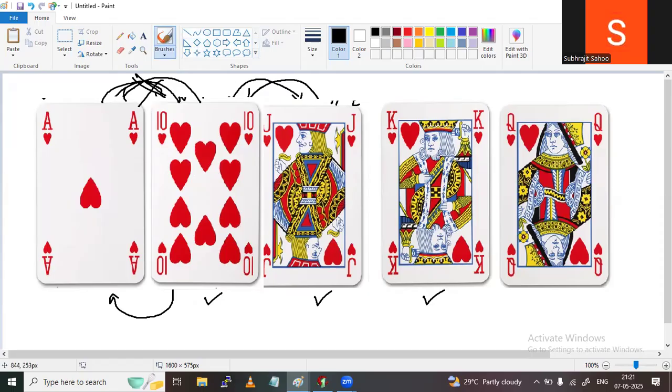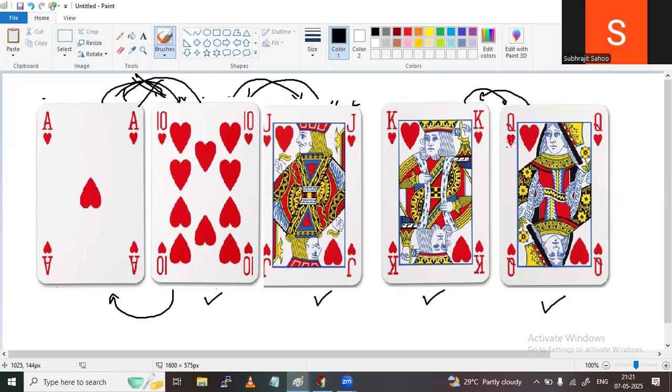Okay, this index I will check. Sir, is it required to move this K to J position? No, it is not required to move K to J position, right? So it should be ignored. Then I will check this position. Sir, is it required to move this Q to K position and K to Q position? Yes, it is required.